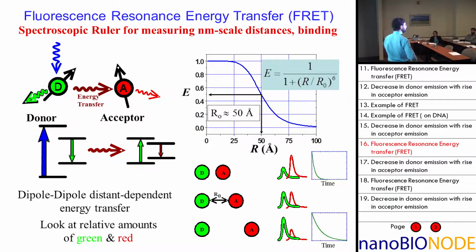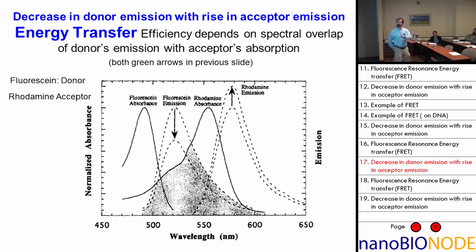Yes? If it was possible to provide an excitation light of a single wavelength, would it be possible to avoid that? In general, the answer is no. The reason is, take a look at, this is the acceptor absorbance, and this is the donor absorbance. Ideally, you can use a really narrow wavelength, and you go here and you hit the donor's maximum, but actually there's still some absorbance of the acceptor.